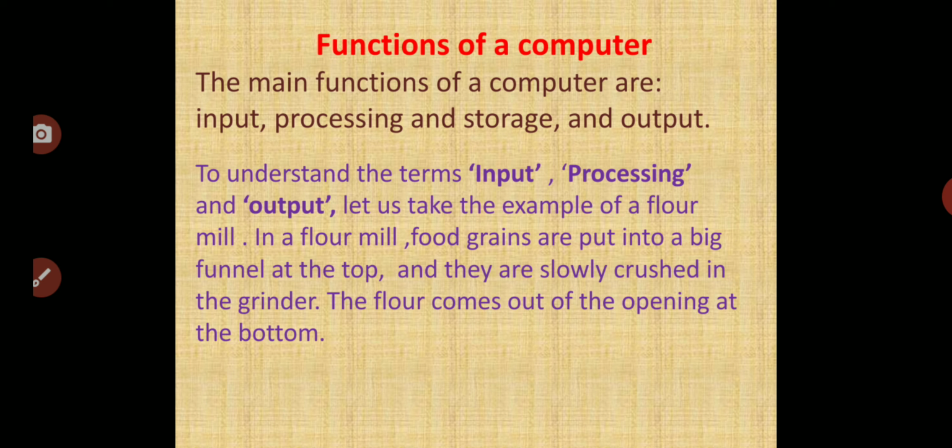Here flour mill means garganti. In a flour mill, food grains are put into a big funnel at the top, and they are slowly crushed in the grinder, and the flour comes out of the opening at the bottom.